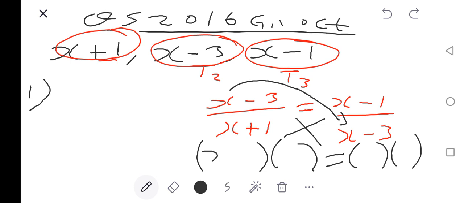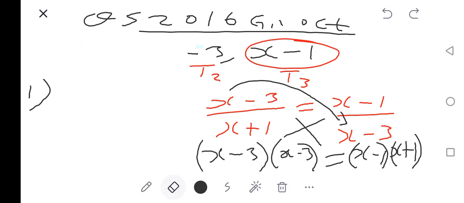It is x minus 3 multiplying x minus 3. Here, it is x minus 1 and x plus 1. Those are the multiplications that we are doing. So now let me wrap this top part.